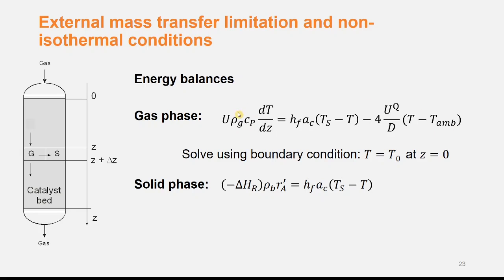So you have to solve them simultaneously, also with the material balances. You can use a numerical method and implement the solution in MATLAB using what you learned from your Advanced Process Modeling module. In the exam, you will not be expected to derive the energy balances for packed bed catalytic reactors.